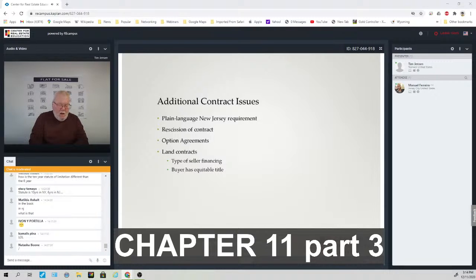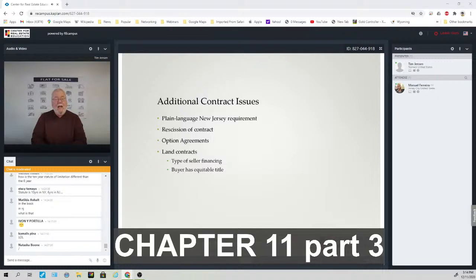Well, rescission of contract would probably say if a certain contingency has not been agreed to or a certain performance issue has not been performed on, then a party may have the right to rescind the contract and declare it null and void. And that could be because the buyer didn't get his mortgage, or he didn't perform his inspection contingency in time, or whatever.